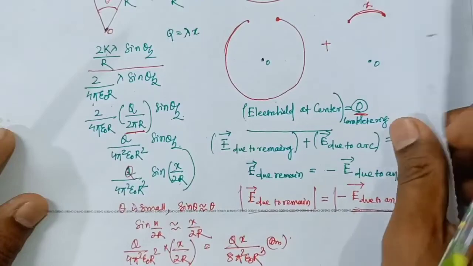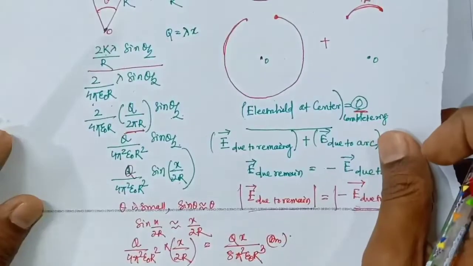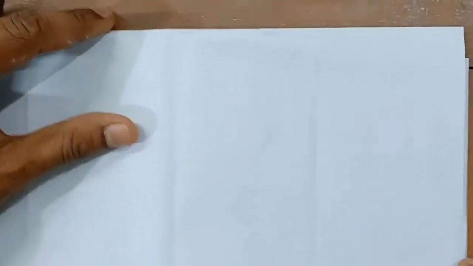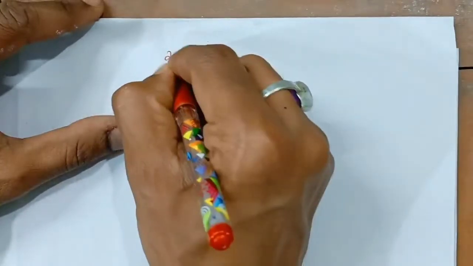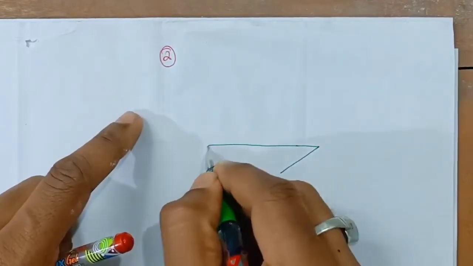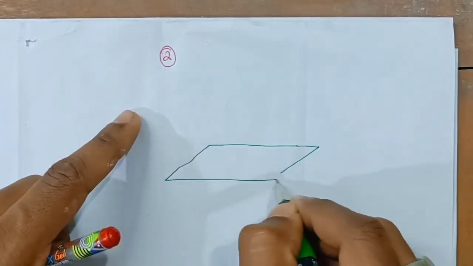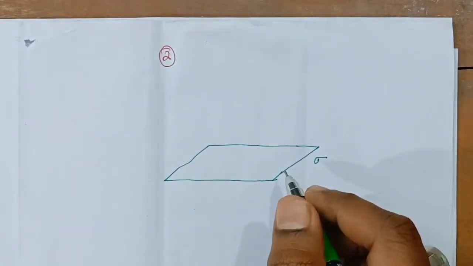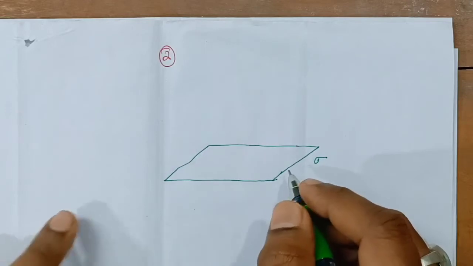Let me do one more illustration so students can easily predict the second question. Yes, the second question. How is the question framed? This is an infinite sheet having surface charge density sigma.